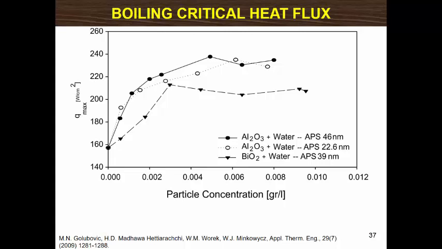The size of nanoparticles seems to have negligible influence on the critical heat flux of nanofluids. This can be observed by looking at the two curves for nanofluids obtained by dispersing alumina nanoparticles of different sizes in the base fluid. It's also observed from this figure that the type of nanoparticles does have an influence on the maximum possible increase in critical heat flux.